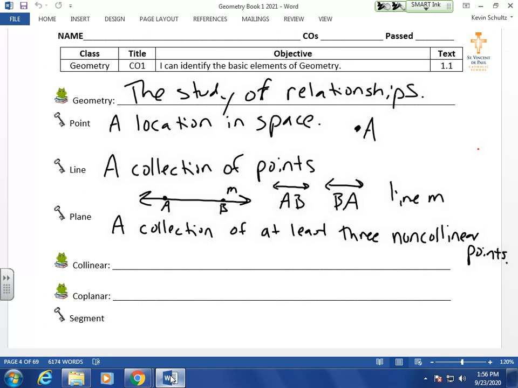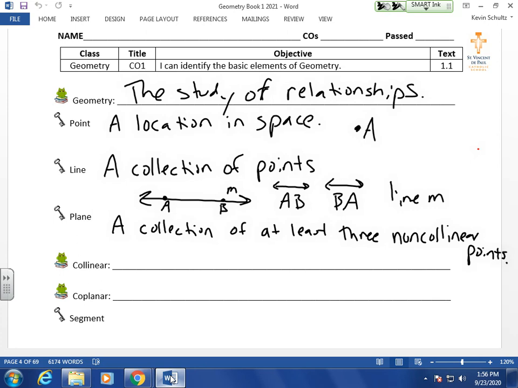Okay? A collection of at least 3 non-collinear points. I define collinear as being points that make a line. So non-collinear would be points that don't make a line.